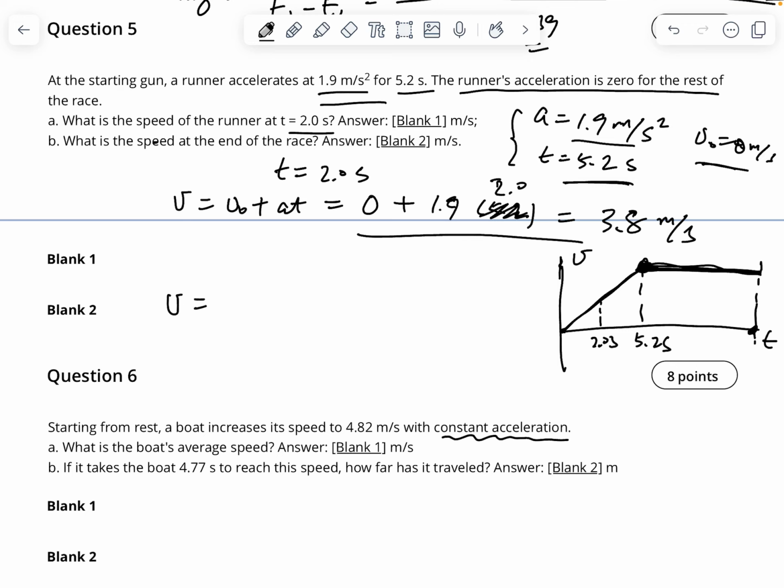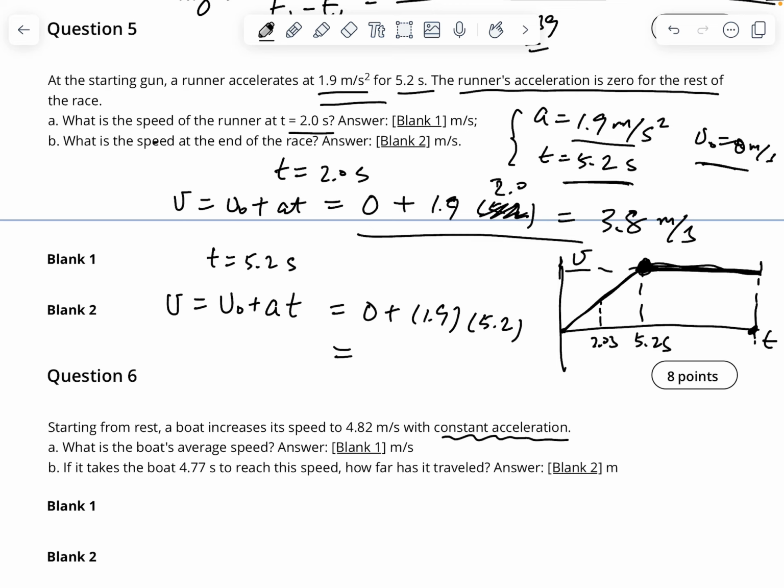So V equals V naught plus AT. T here is 5.2 seconds. So this is 0 plus 1.9 times 5.2. This is the speed when you reach 5.2 seconds, and then you maintain the speed all the way to the end.